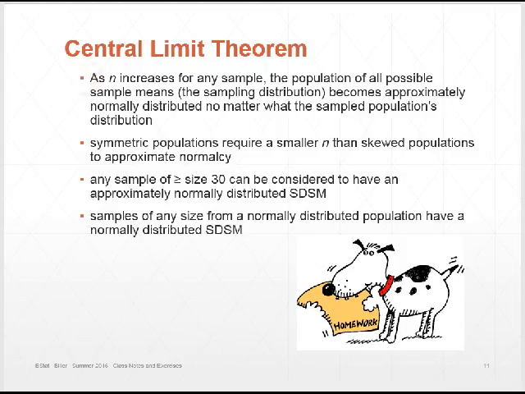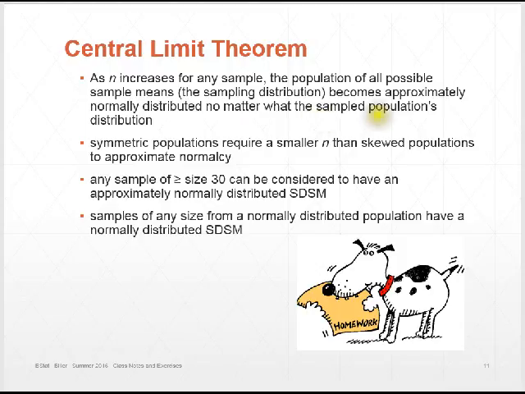What the central limit theorem says is that as a given sample size increases for any sample, the population of all possible sample means, this is what we just looked at on the previous slide, the sampling distribution, becomes approximately normally distributed no matter what the sampled population's native distribution is.